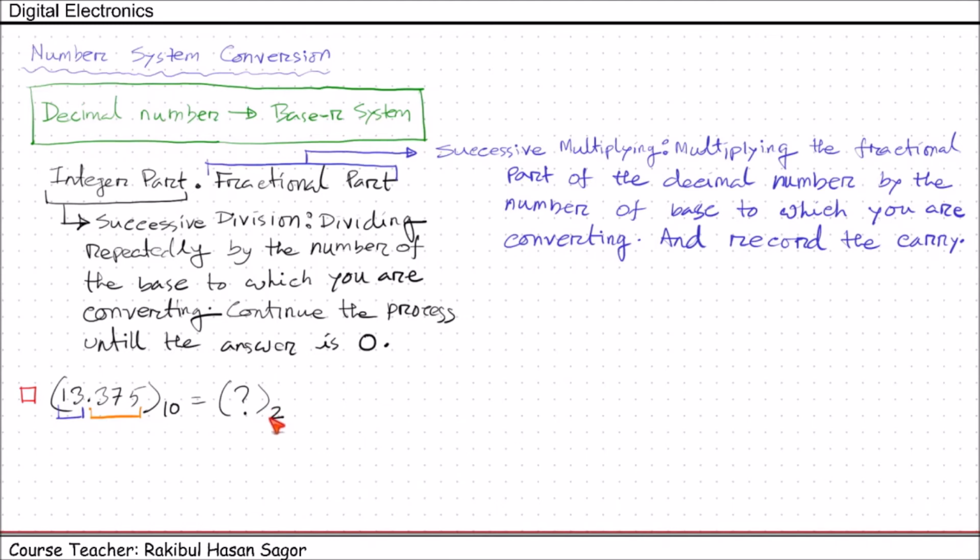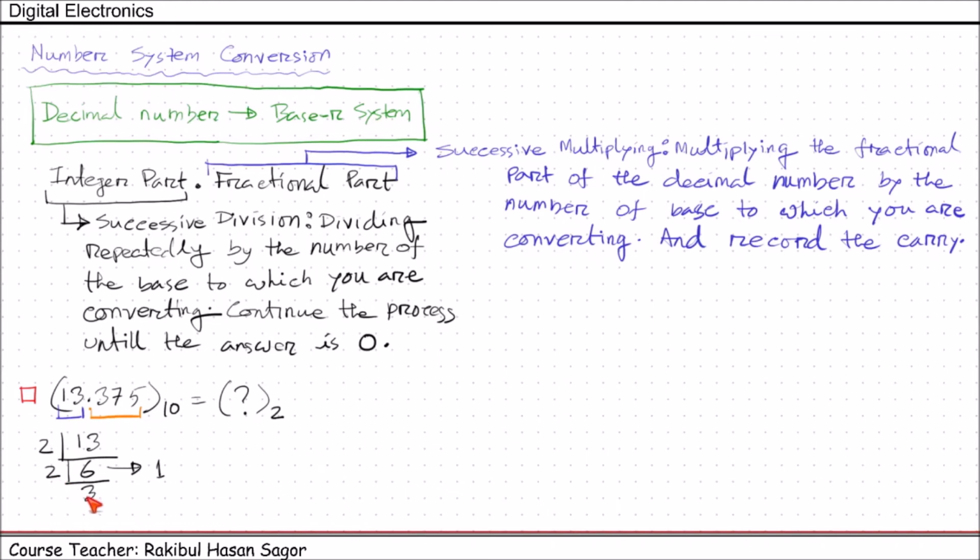So let's start. We'll write 13, divide it by 2. The quotient is 6, that means 6 into 2 is 12. So we have remainder 1. We need to keep dividing until we get 0. So again it's 3.